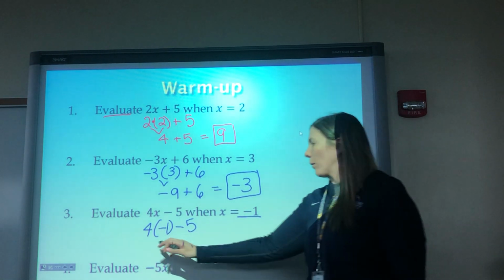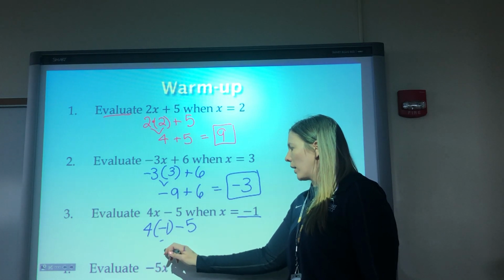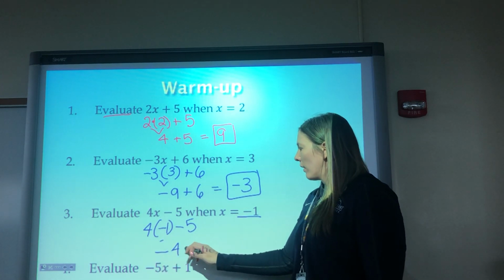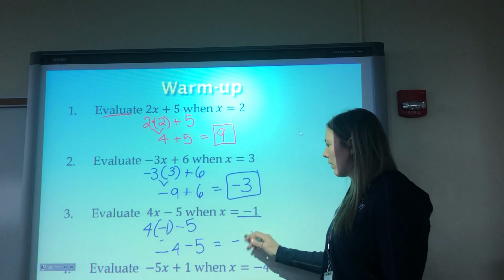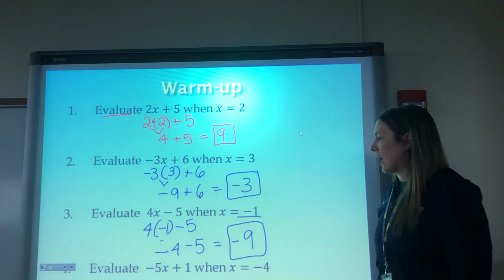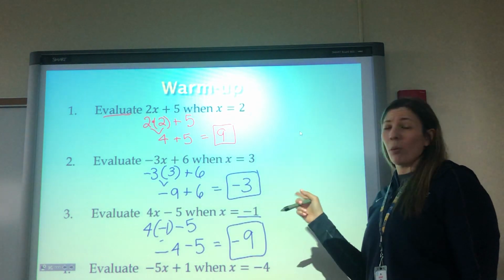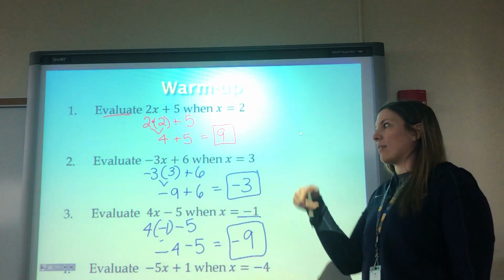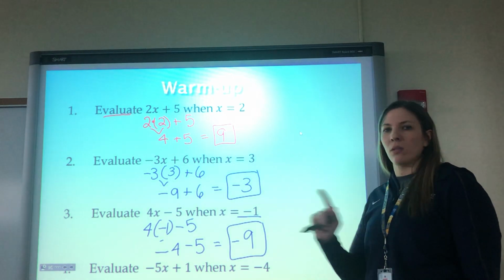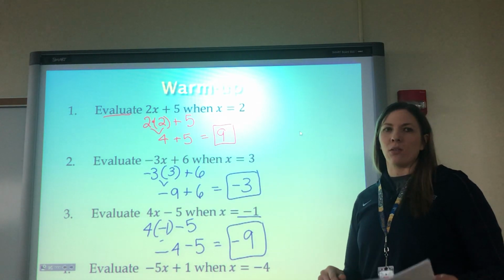So when we multiply, we should get -4. Uh-oh, we're doing the weird thing. -4 minus 5, which ends up getting us -9. All right, so hopefully you're feeling good about those. We're going to be doing a lot of this today within our table stuff of just plugging in numbers and then figuring out what their simplified answer is.